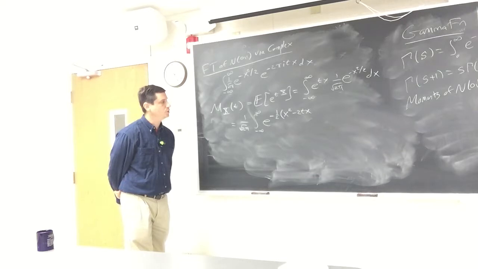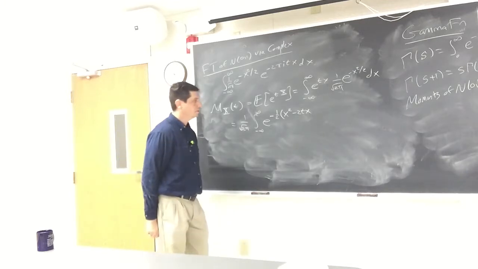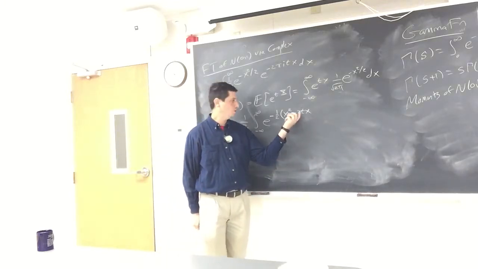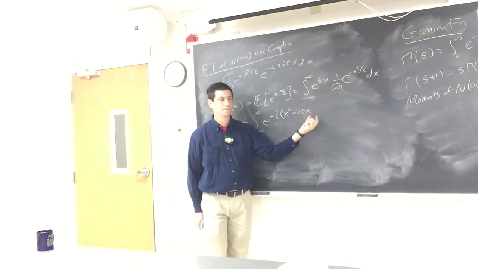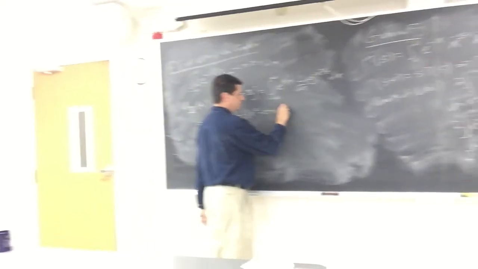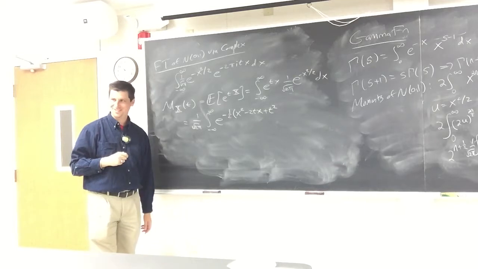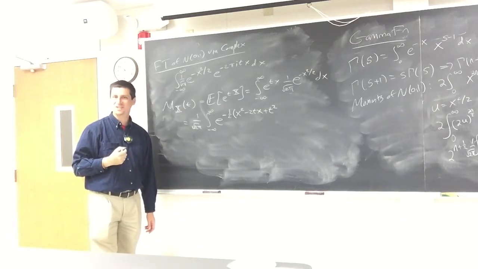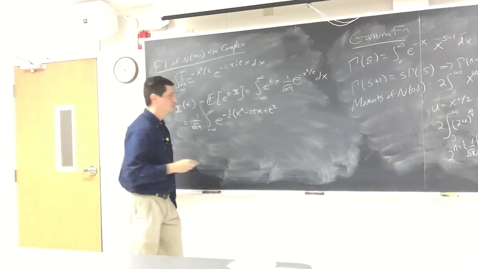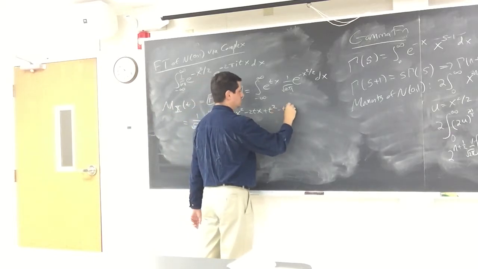So if you want to complete the square, what would you like to have after the minus 2tx? What do we need? Plus t squared. So we have plus t squared. Are you allowed to just add in a t squared because you feel like it? No. So what do you have to do if you've added t squared? Subtract t squared.